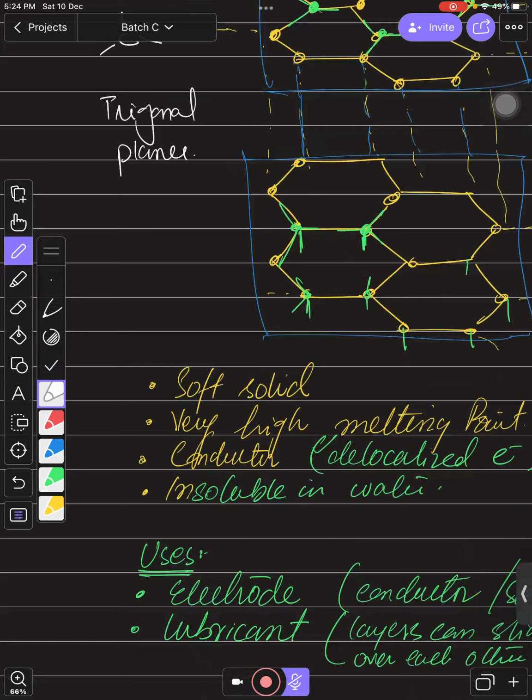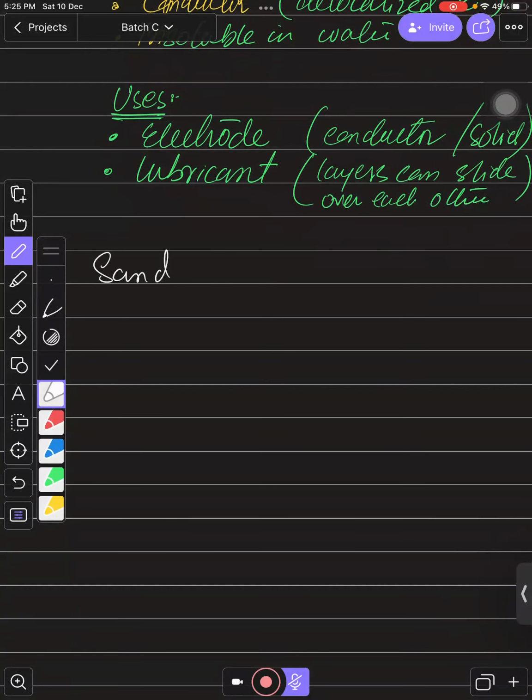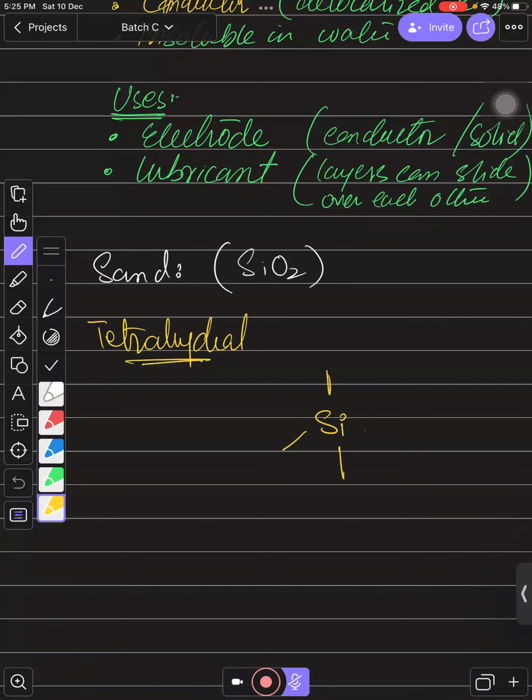And then the last giant covalent structure is sand. Sand is the only compound structure, which is SiO2, right? So over here it is also tetrahedral, because a single silicon is forming 4 different bonds with oxygen like this, right?